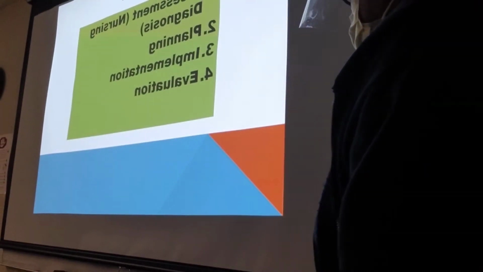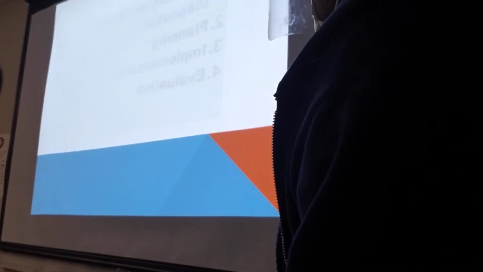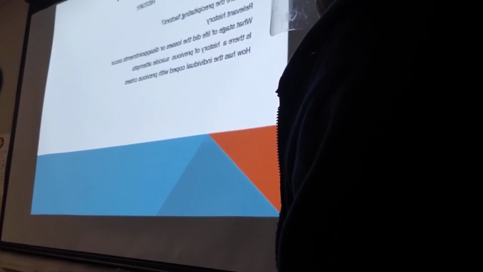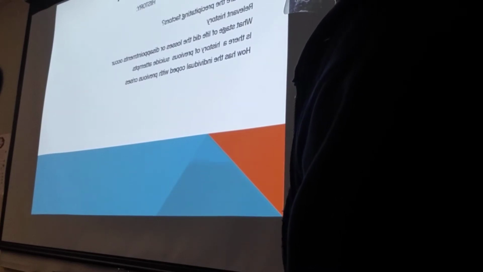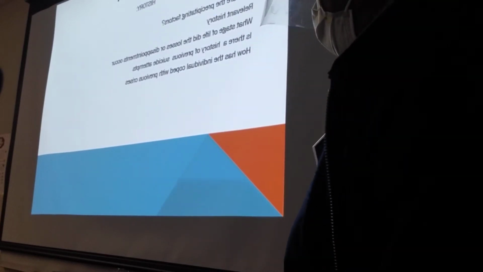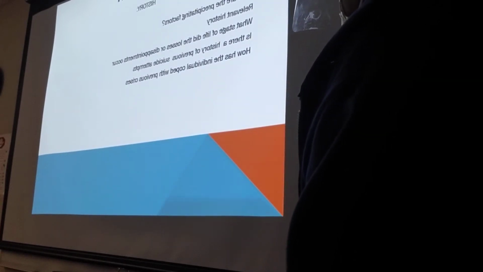All right, so let's talk about the plan of care. You have your assessment. You're going to be assessing that patient, making a plan for them, then implementing your plan, and then evaluating, just like we do with everything else. So when you're doing your assessment, you're looking for precipitating factors, what brought them there in the first place, any relevant history, what stage of life, did losses or disappointments occur?